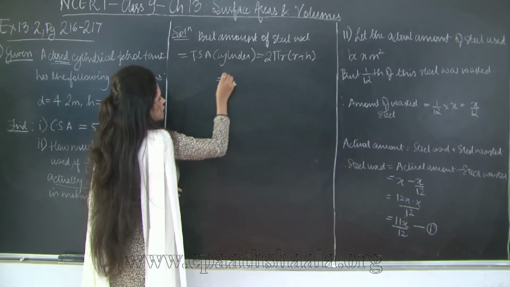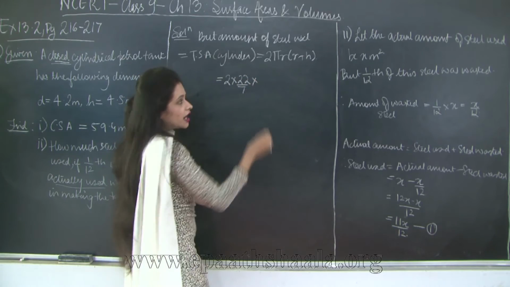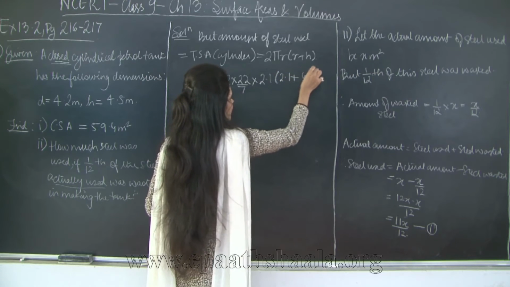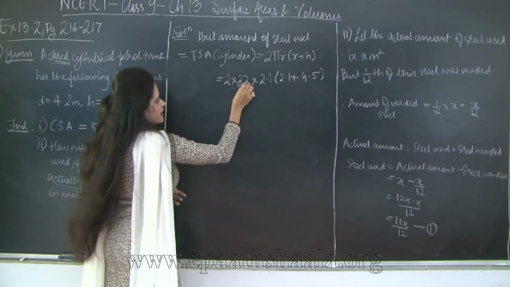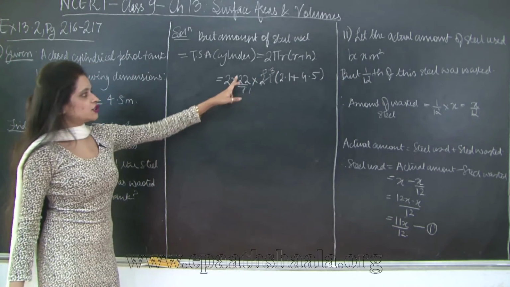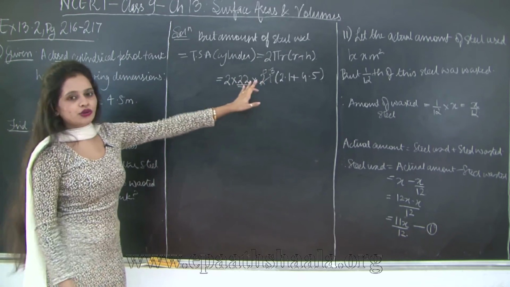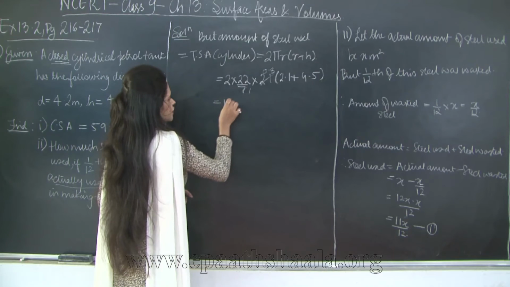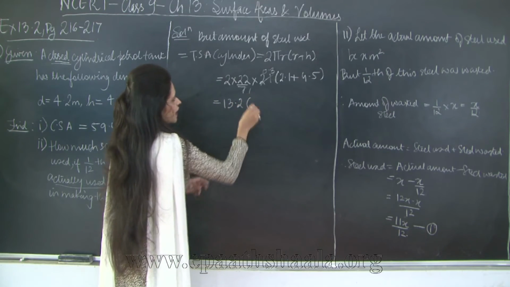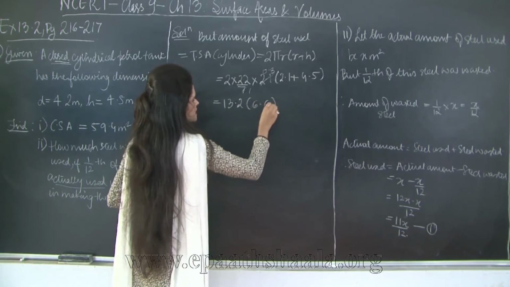So this is going to be equal to 2 into 22 upon 7 into r, which is 2.1, into 2.1 plus 4.5, right? So 7 ones are 7, 7 threes are 21. We had seen earlier that 22 into 2 was 44 and 44 into 3 was 132. So this is going to be 13.2, and 2.1 plus 4.5 will be 6.6, right?